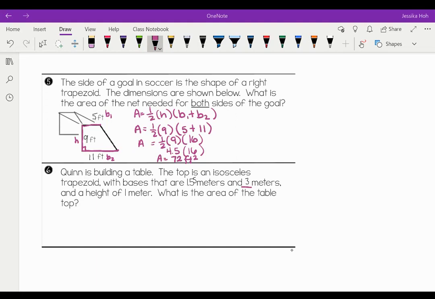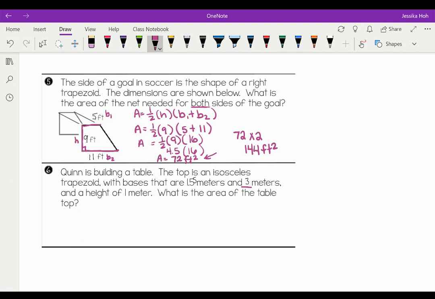So now it's saying on both sides. So we need to check this. This is just for one side, the area of one side of our soccer net. So we need to times it by 2. 72 times 2 gives us 144 feet squared for the entire soccer net, so on both sides.